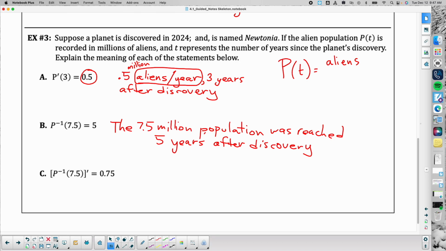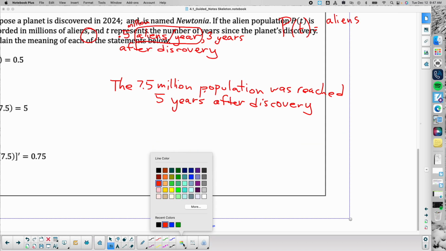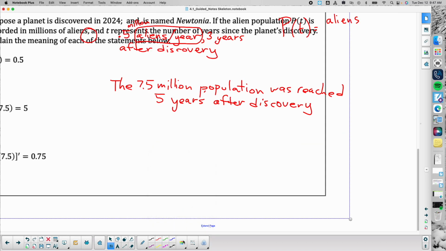Wait, so the first one was a rate of change, and the second one was just a set number? So the second one isn't increasing by a certain amount after 5 years, it's just saying at 5 years it was this number? Not like a scale.